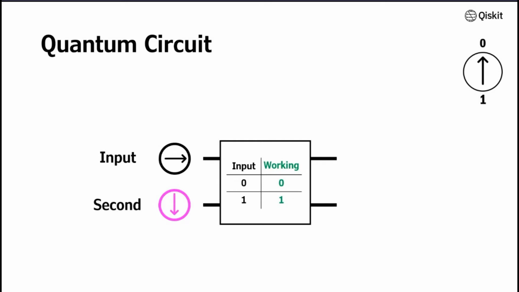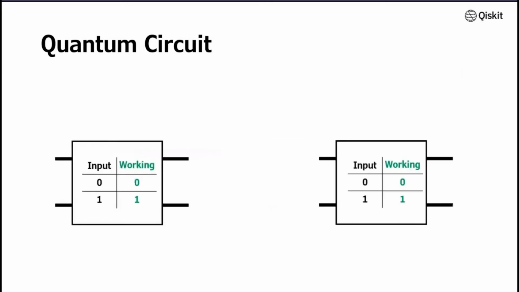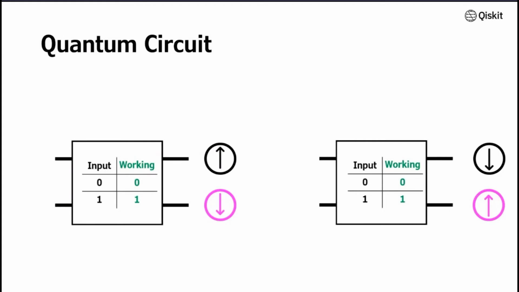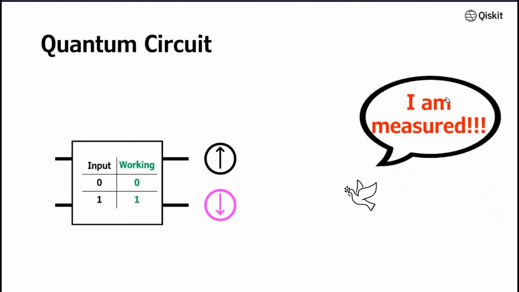So when I put this into the circuit, actually the universe will split into 2, with either flipping the bottom one or not flipping the bottom one. So then we have 2 universes coexisting at the same time. One universe has up down, and the other universe has down up. And this is entanglement, because when I measure the bottom qubit, it will decide which universe to collapse to and then affect the other qubit to change its state.